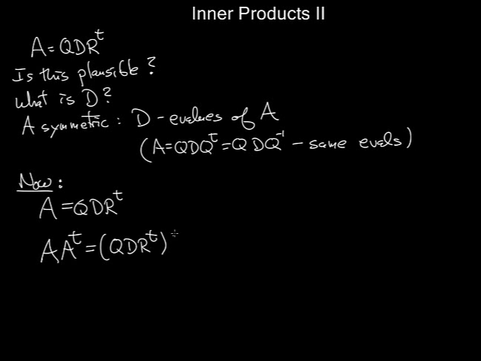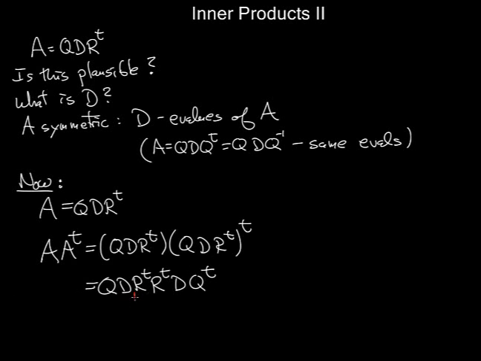It's RD Q transpose. So A times A transpose is QDR transpose times RD Q transpose. And by definition, R transpose R is equal to the identity. And you get Q D squared Q transpose. And this AA transpose is symmetric. And in fact, it's positive semi-definite.